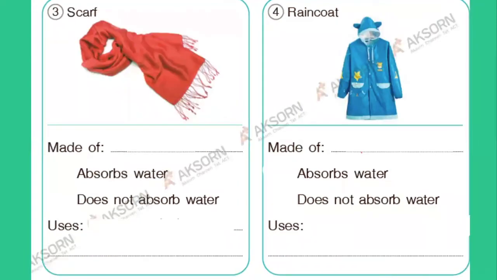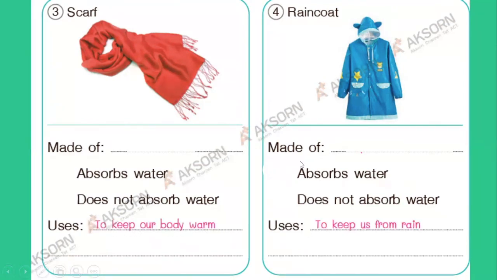We also discovered scarf and raincoat. I asked you to identify the material we use to make a scarf and a raincoat, and whether it absorbs water or not. Scarf we use to keep our body warm, and raincoat we use to keep us from rain.